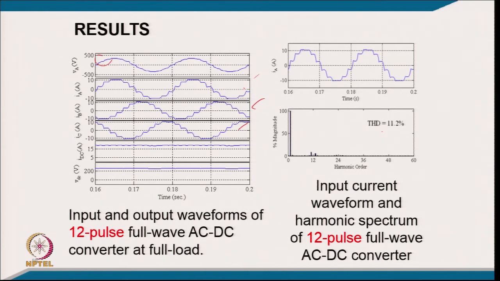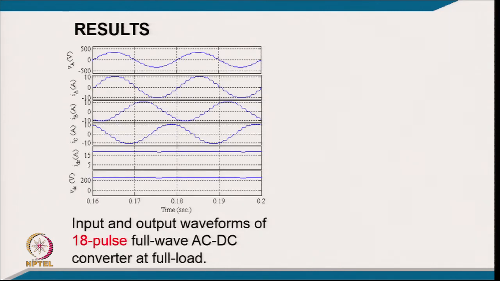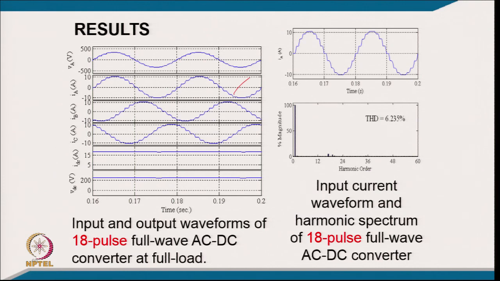You can clearly see the waveform going closer to the sine wave now. Coming to 18 pulse, you can see how the waveform looks. Because of leakage, it almost looks like a continuous current in all 3 phases, and you can see the THD, in place of typically 12%, reduces to almost 6.235%, almost half, because of the effect of leakage reactance.